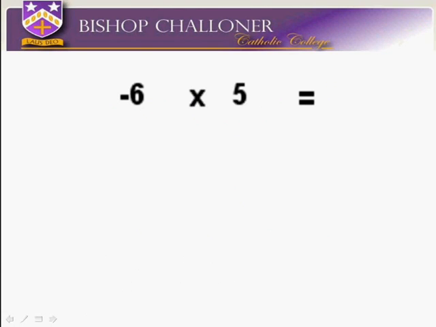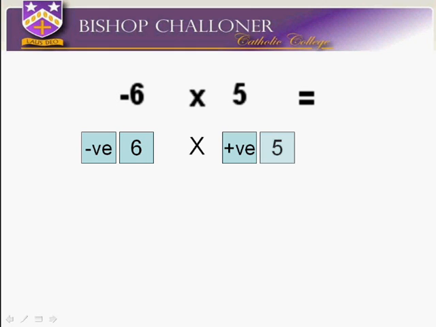Okay, we're in the position now where we can actually apply the new knowledge on multiplying involving negative numbers. We've got a typical question here, and you'll find these on the GeoGebra files after this slide. Minus 6 times 5: we've got a negative multiplied by a positive. So if I split out the symbols from the integers, then I've got a negative, 6, multiplied by a positive 5.